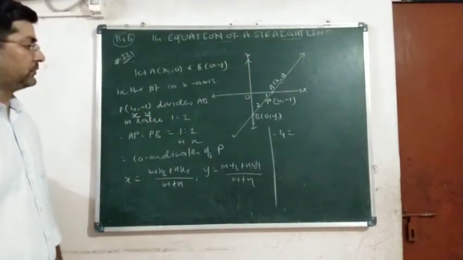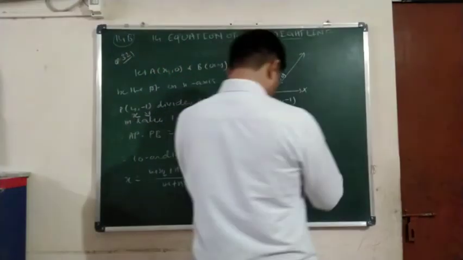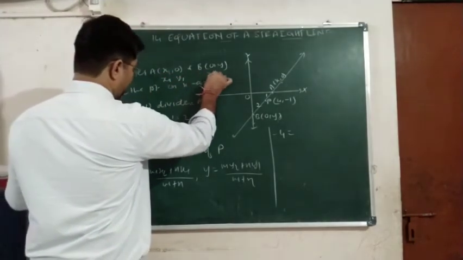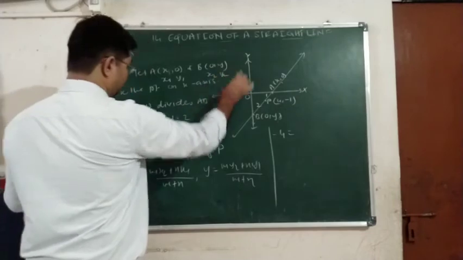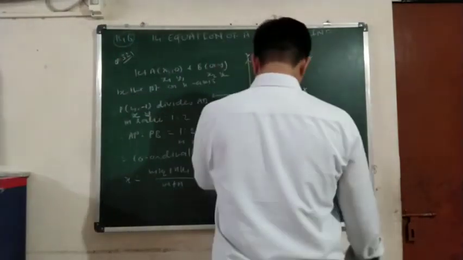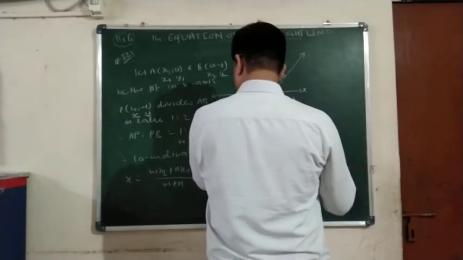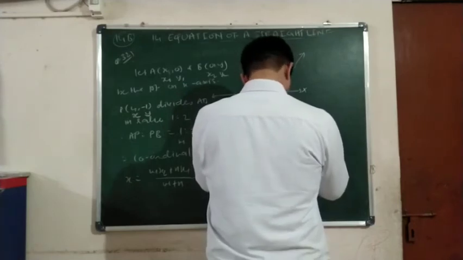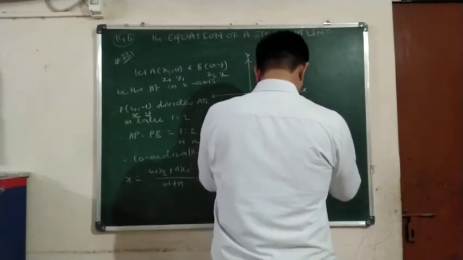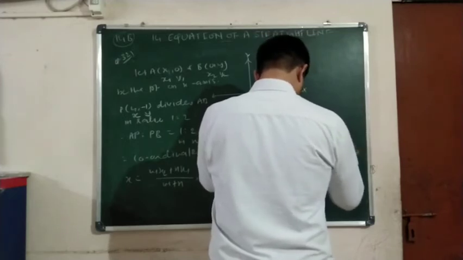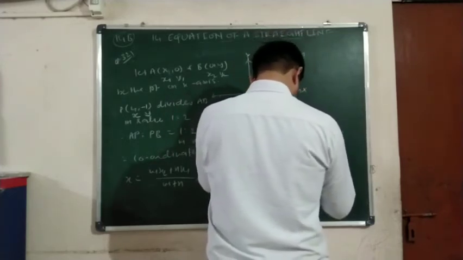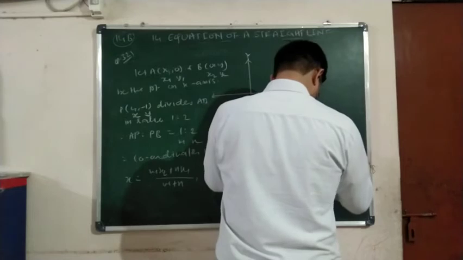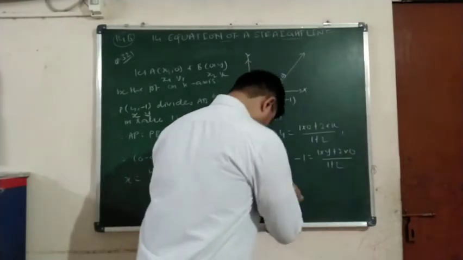So m x2 is 1 into 0. Coordinates of A will be (x1, y1) and coordinates of B will be (x2, y2). So 4 is equal to 1 into 0 plus 2 into x, upon 1 plus 2, and -1 is equal to 1 into y plus 2 into 0, upon 1 plus 2.